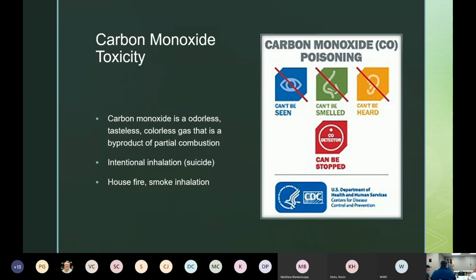The way the pulse ox works is it basically can, with infrared, look at the wavelengths, and the wavelengths for carboxyhemoglobin and oxyhemoglobin are very similar. So unless you have a specific probe that can tell those wavelengths apart, it's going to read it as the same. So you might have somebody who says they're satting 100%, and they actually might be significantly carbon monoxide toxic.